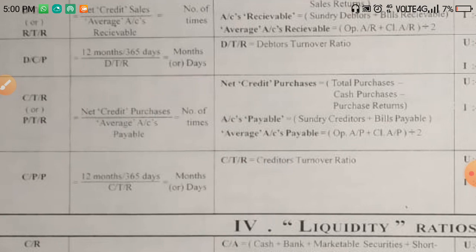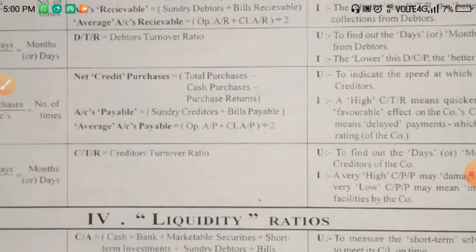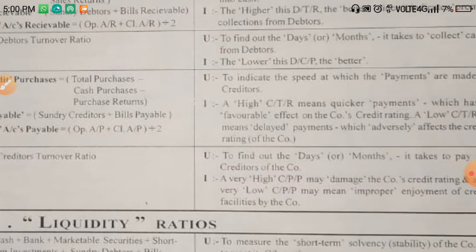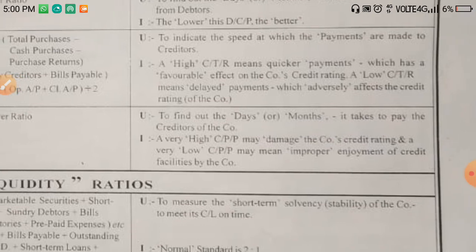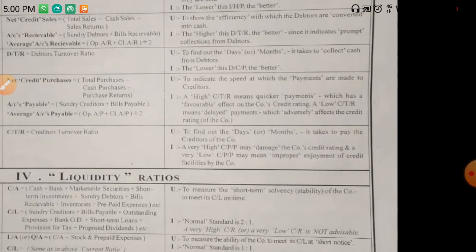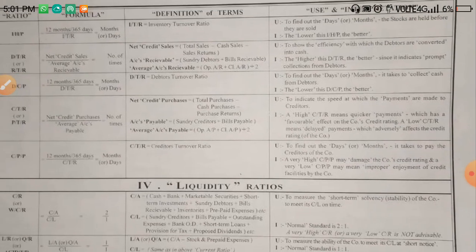If creditors turnover ratio is less than 12, you take 12 divided by creditors turnover ratio. To find out the days or months it takes to pay the creditors. These are the various turnover ratios.